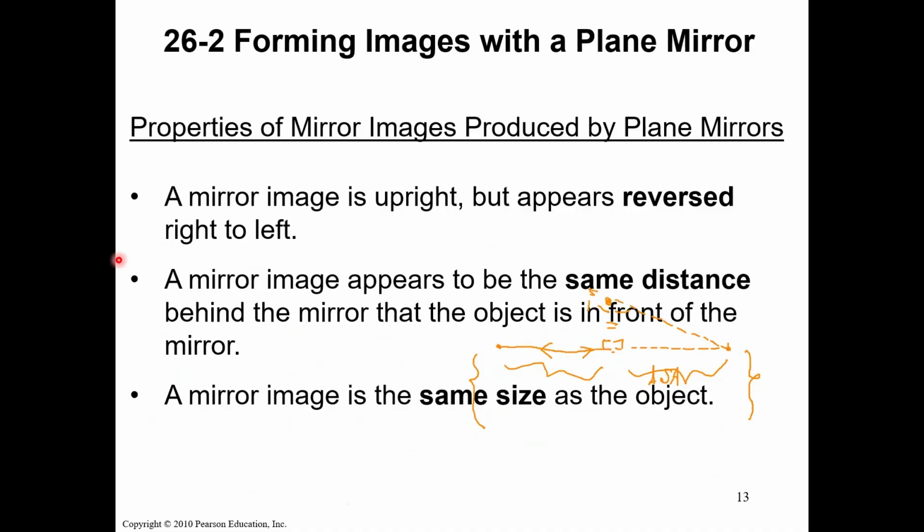So we summarize all those things here. The mirror image appears to be the same distance and the same size. One tricky thing is that if you consider an arrow in front of a mirror, if the arrow is pointing parallel to the mirror, then it will form an image that is basically the same.